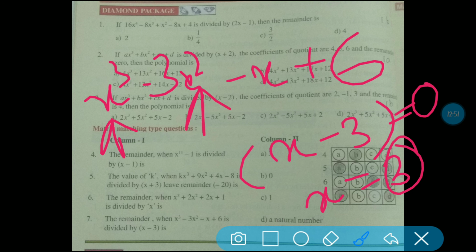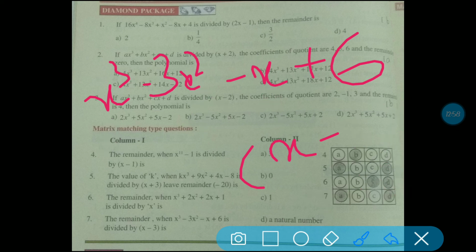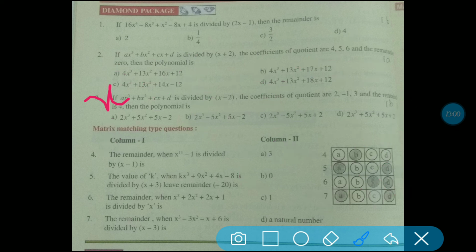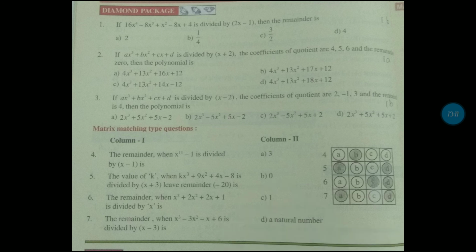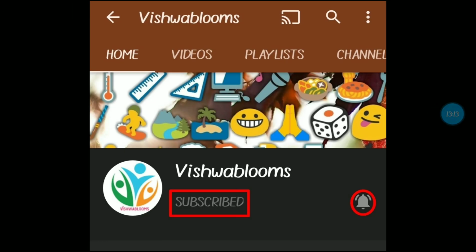So this 3 you will substitute in the place of x, and you will find the answer, which is going to be 3 only. The answer is 3 and it is a natural number. So A and D. The previous one is C and D, because 1 is also a natural number. So with this we have completed the aim 2 successfully.